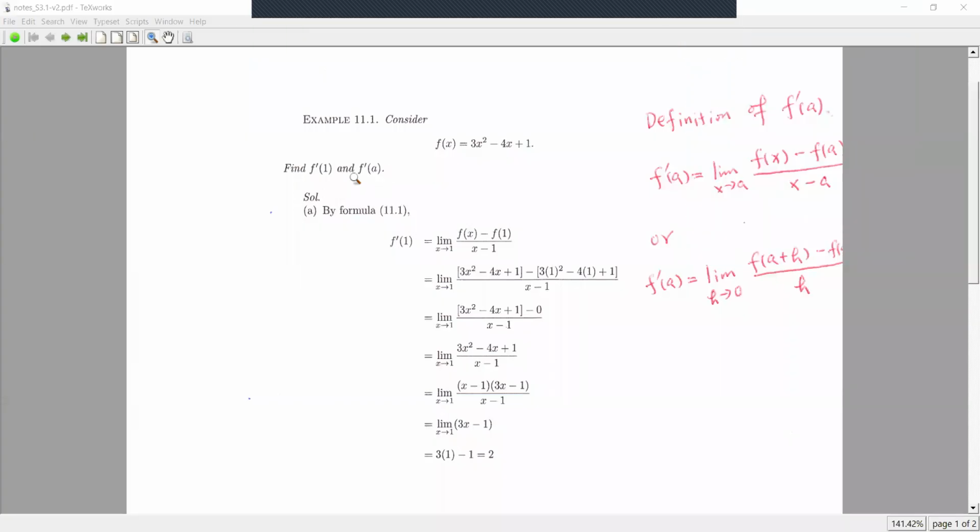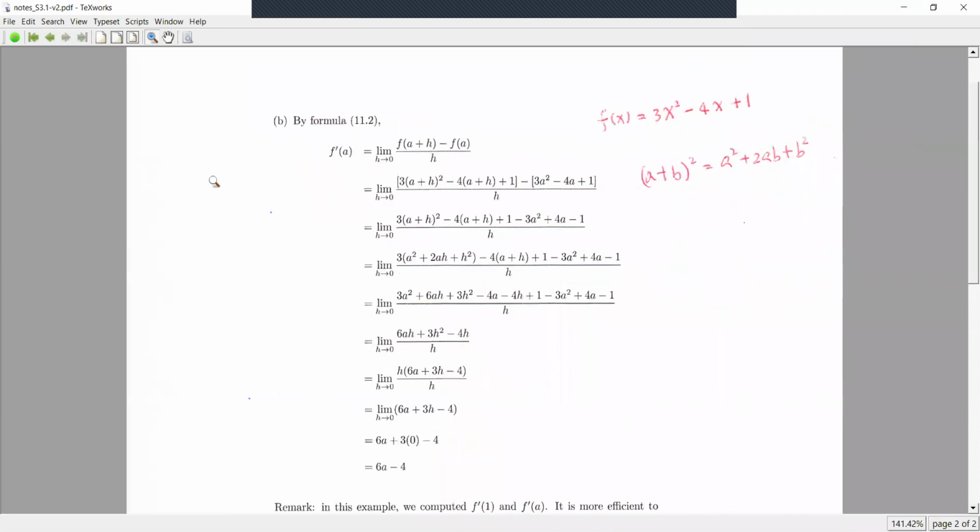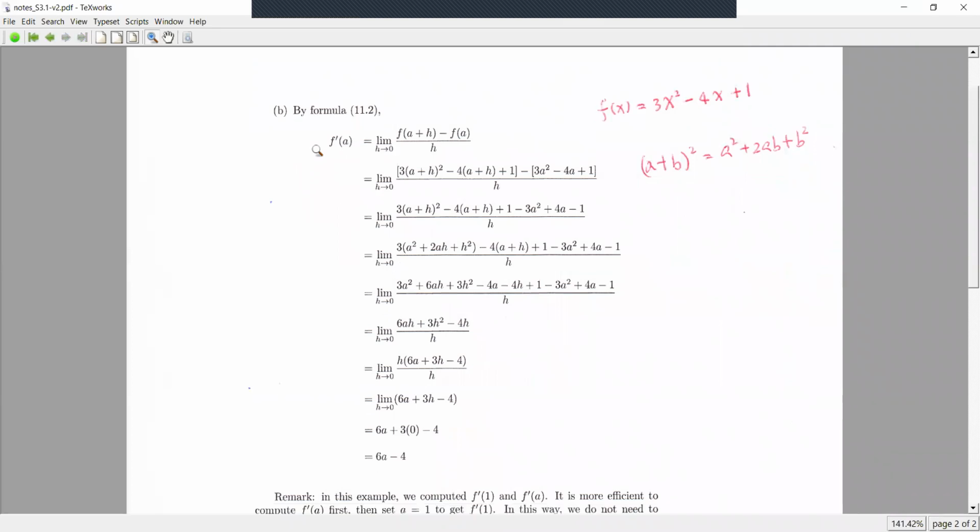Now, compute the derivative at the point a. This time, I use the second formula to compute this derivative. By formula, the derivative at the point a is this limit. Now, the function value at a plus h.